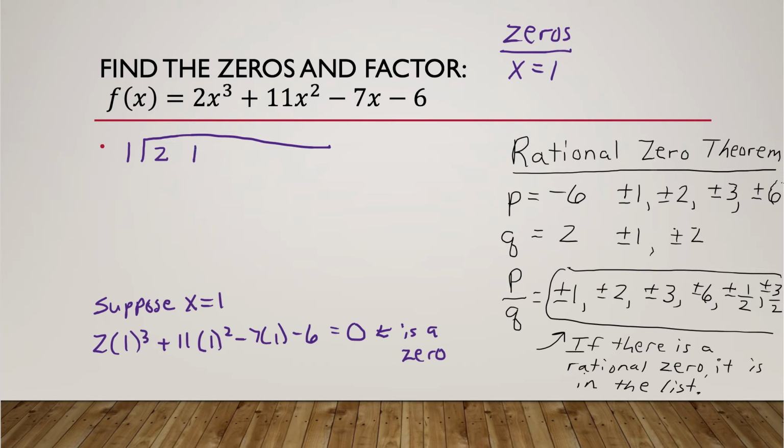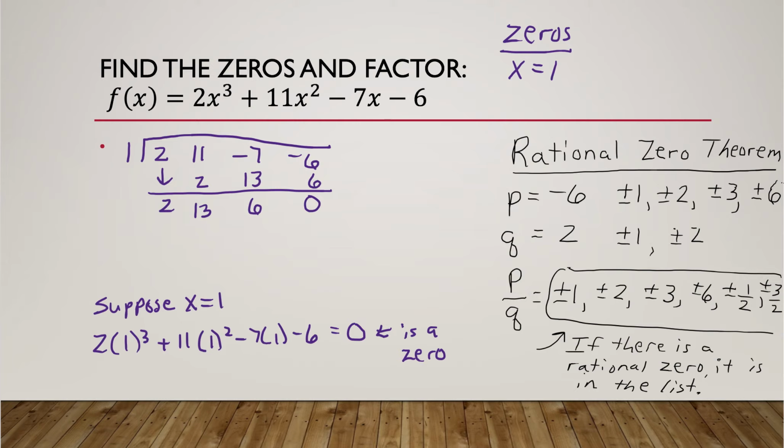So we have 2, 11, -7, and -6. We're going to drop the 2 down. From the last section, you should know how to do this. Remember, it's 1 times 2 is 2, and we'll add. 1 times 13 is 13, and we'll add. 1 times 6 is 6, and we'll add.